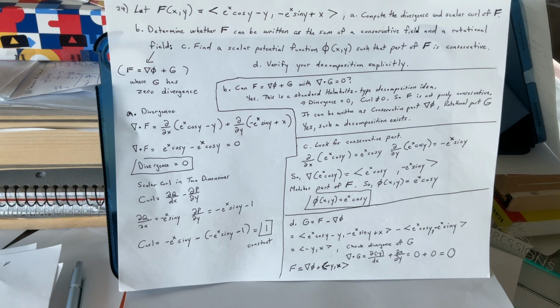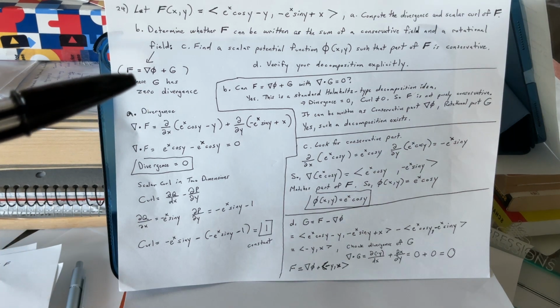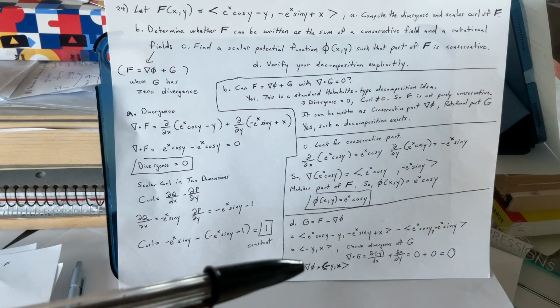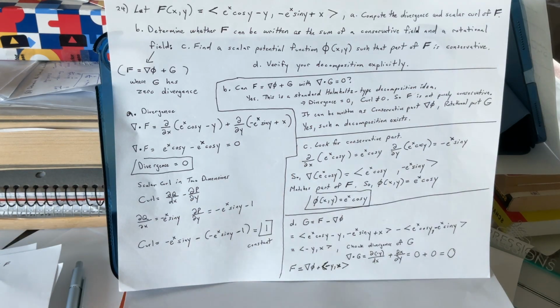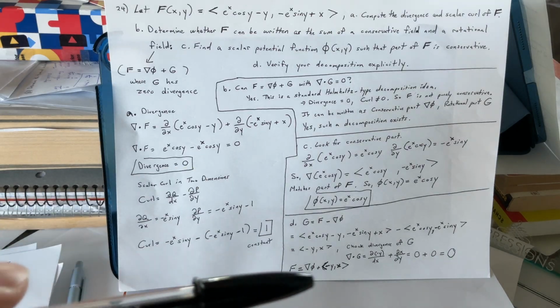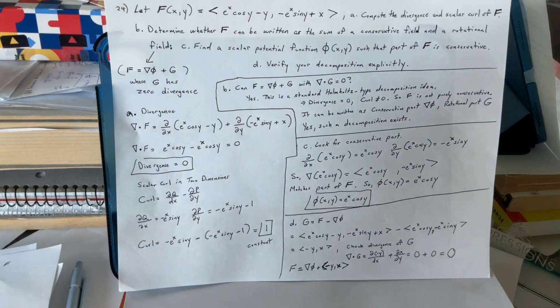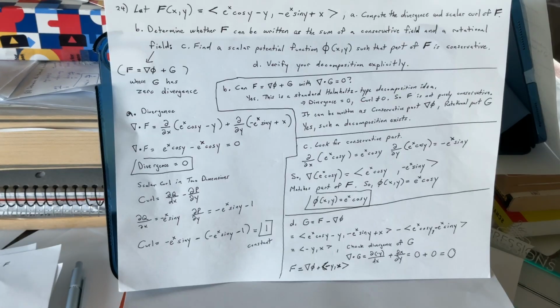So, in relation to this formula's manipulation up here, F would equal this. This is a nice way of checking to make sure that you could verify your decomposition explicitly, that everything matches where it needs to match in the very end.